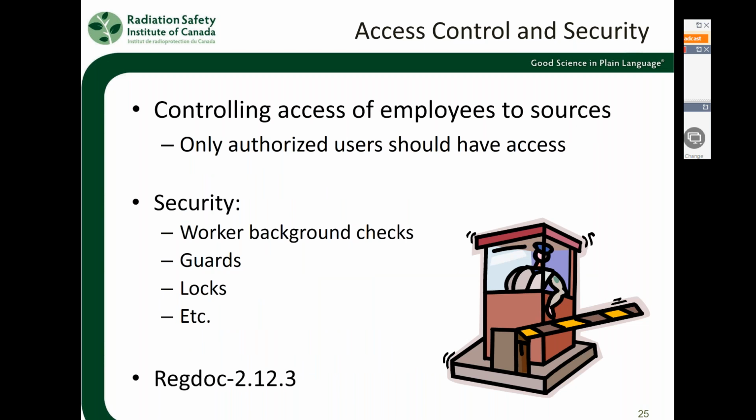So here's a big one, access control and security. And this is a big one because there are new requirements that are mandatory for all licensees as of May 2018. So you have a little less than a year to ensure that you are following the requirements in RegDoc 2.12.3.